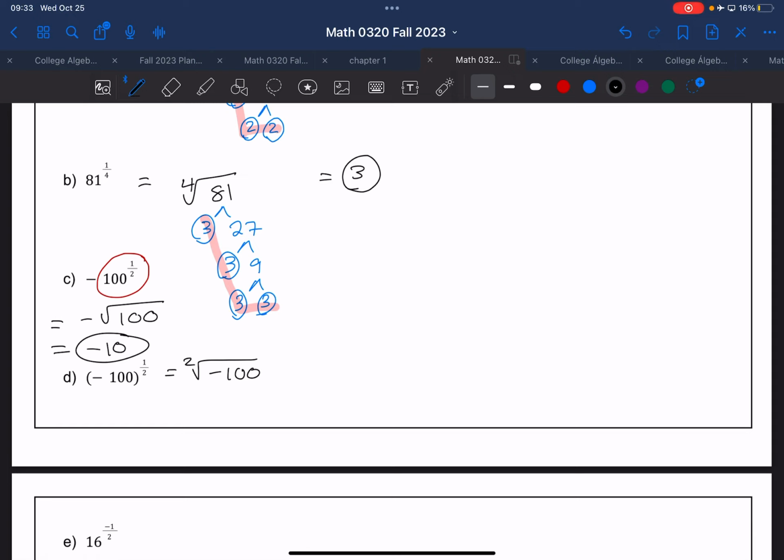But since that 2 is even, can we have the square root of a negative number? No, so that means our answer is what? No solution.